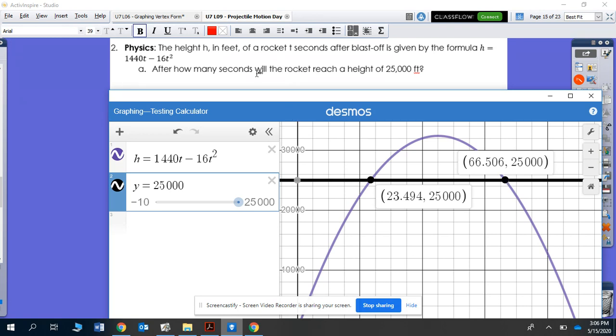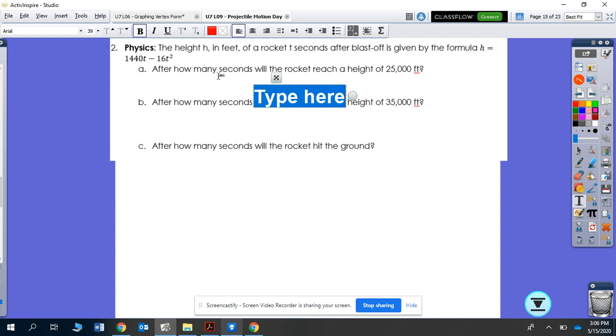So there's actually two answers to this question, right? After how many seconds will the rocket reach 25,000 feet? Well, the first time is on its way up at 23.5 seconds. So that's our first answer. 23.5 seconds, right?